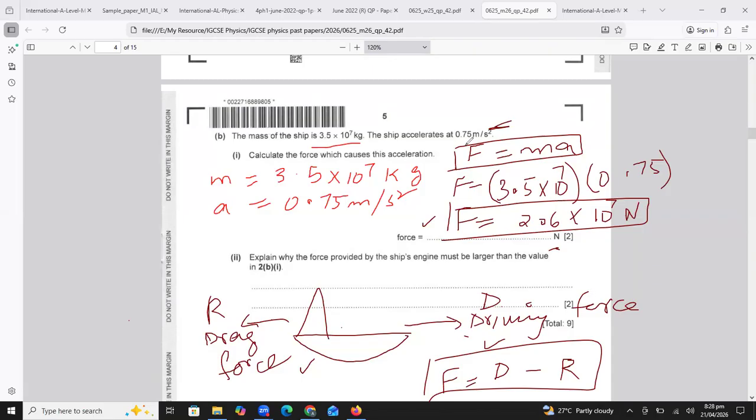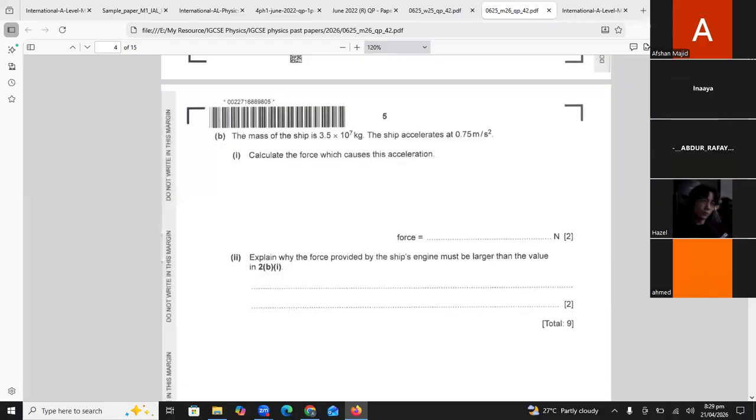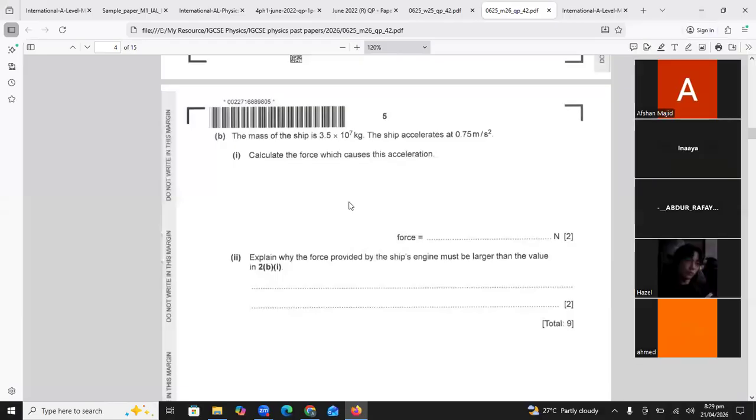So it means that actually the ship needs to put in more force, because the ship needs to overcome this resistive force as well. So the ship needs to put in more driving force. Sorry for the interruption, students. All right, so I was explaining the last part.